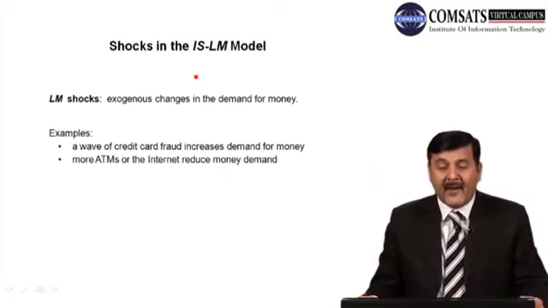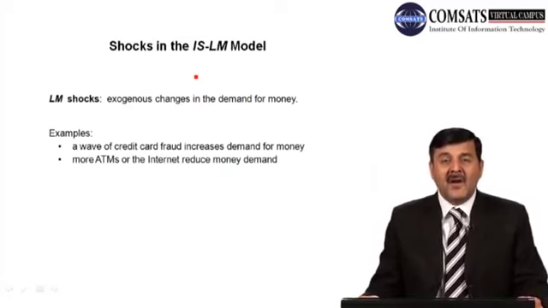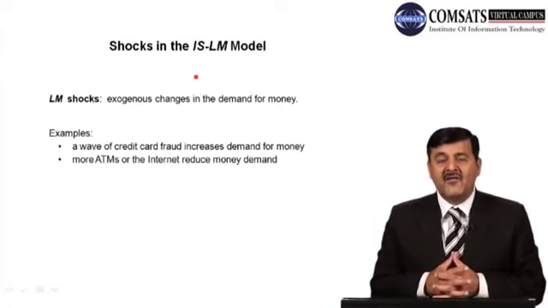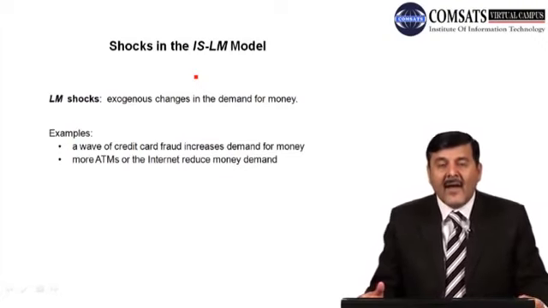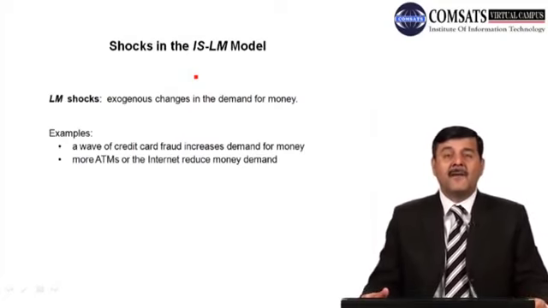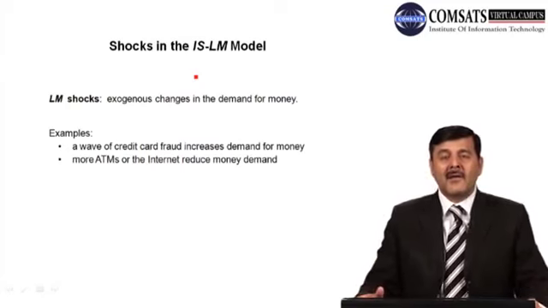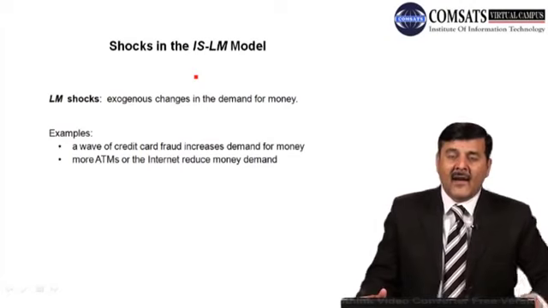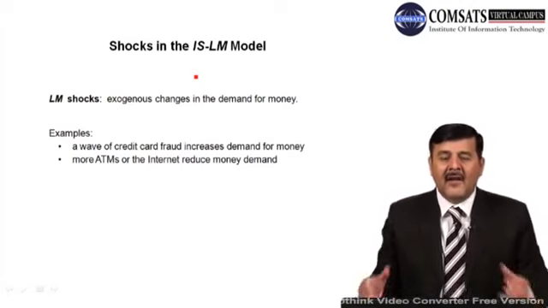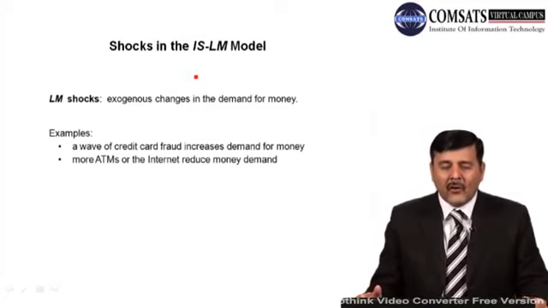What is an LM shock? An LM shock is an exogenous change in money demand and money supply. Whenever there is an exogenous change in the demand for money, that is known as an LM shock. For example, a wave of credit fraud increases the demand for money. This is one example of a change in demand for money, and whenever there is a change in demand for money, that change is known as an LM shock.